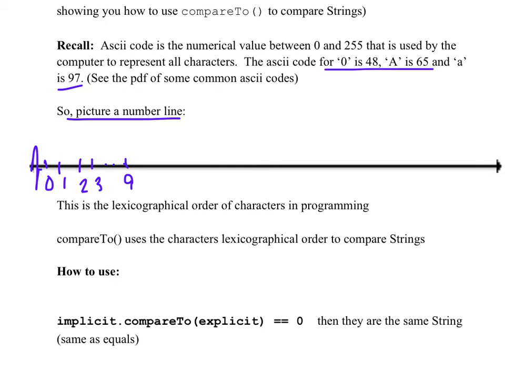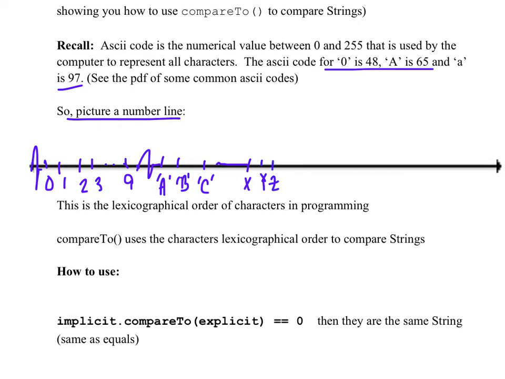Then you have some characters. Let's pretend that's just mushing it together, so I'm skipping a bunch of characters. And then we have capital letters like A and B, C, and so on, all the way up to capital X, capital Y, and capital Z.